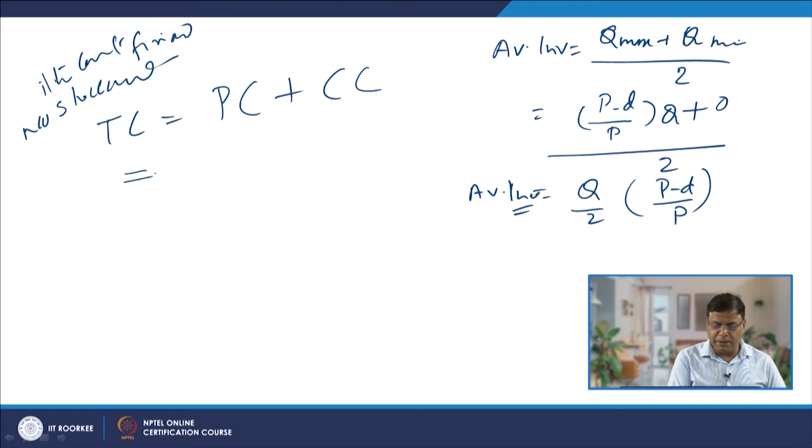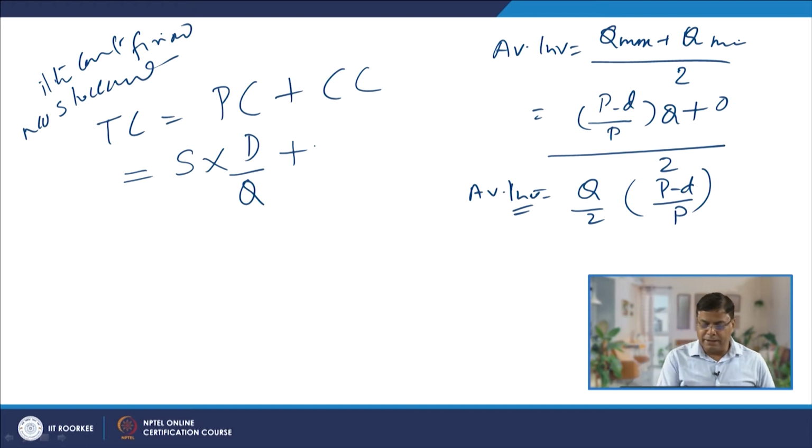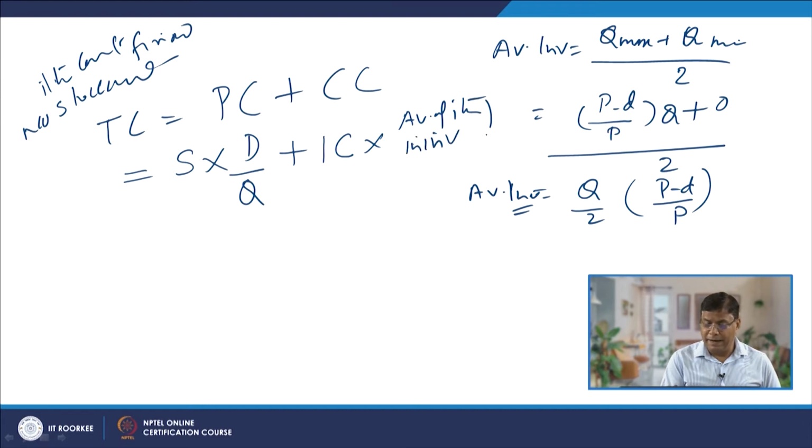The procurement cost, like the earlier case, we can calculate as the per order cost S divided by the order quantity Q, into the demand D. And then the carrying cost will also be determined in the same manner, the inventory carrying cost into the average number of items in inventory.